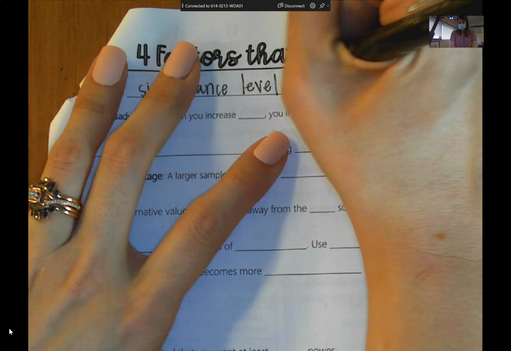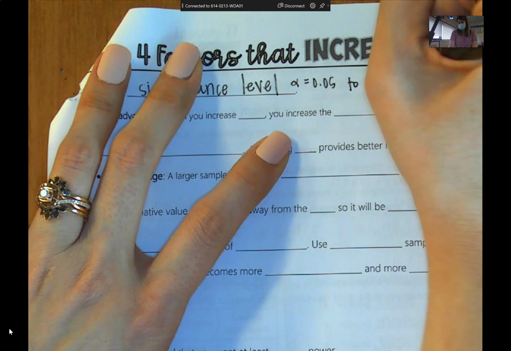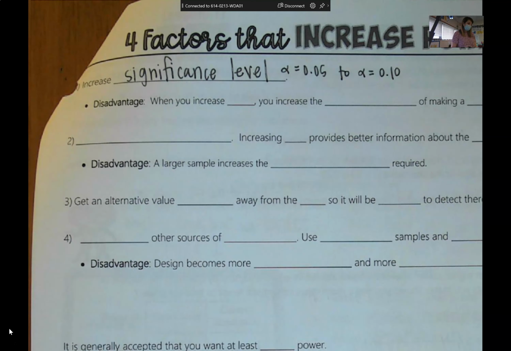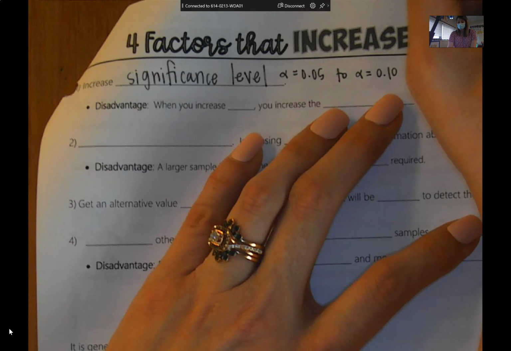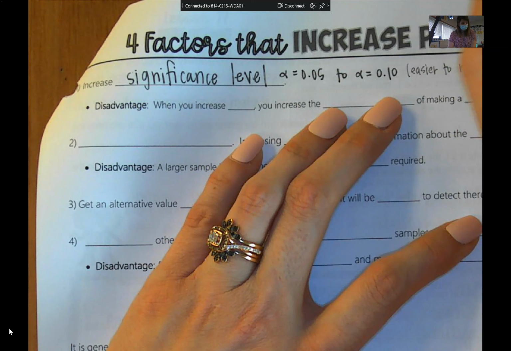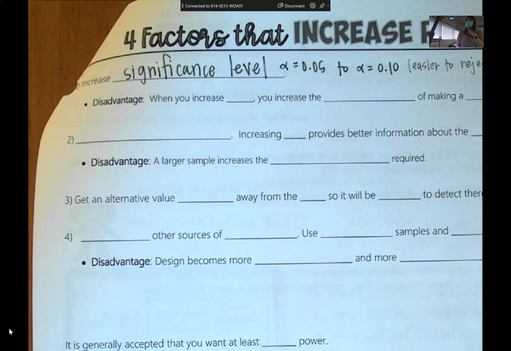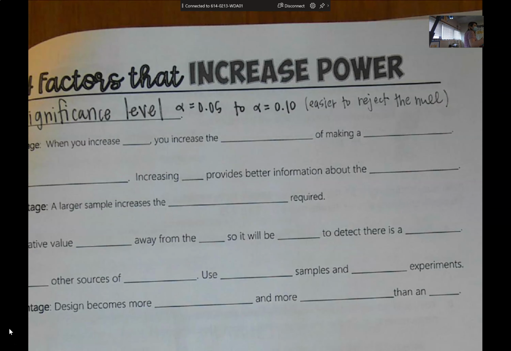You're talking about increasing from 5% to 10%. This makes it easier to reject the null. If you increase your significance level, it's easier for your p-value to be less than that.